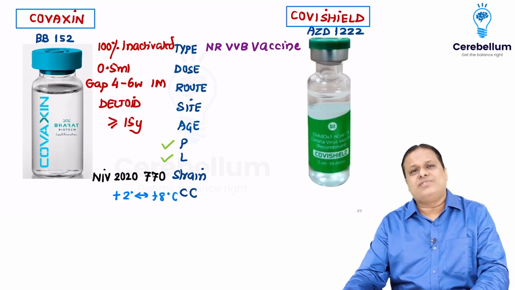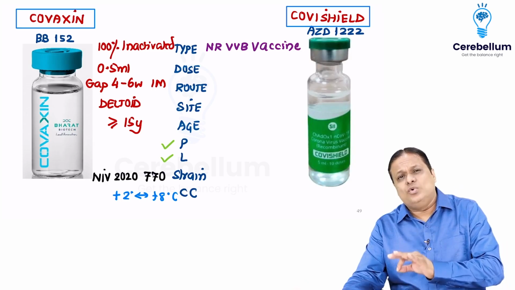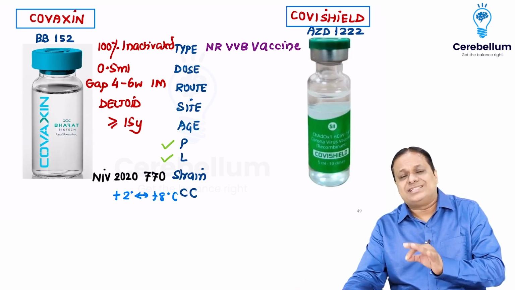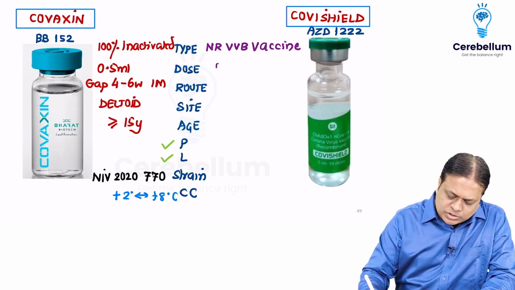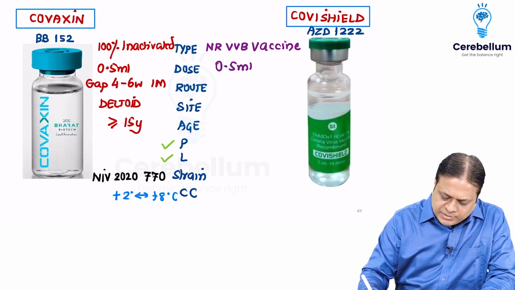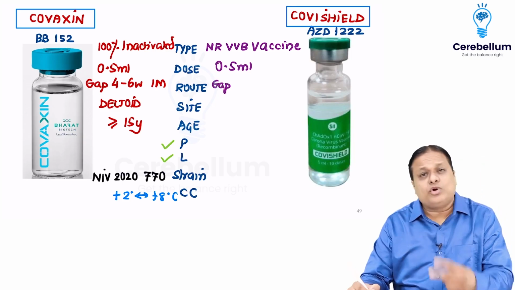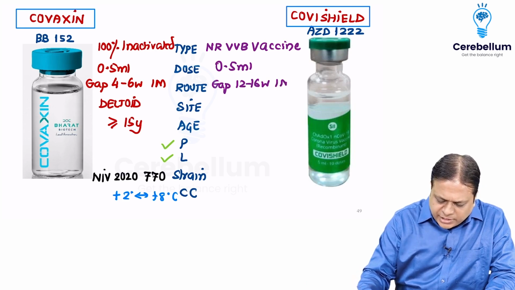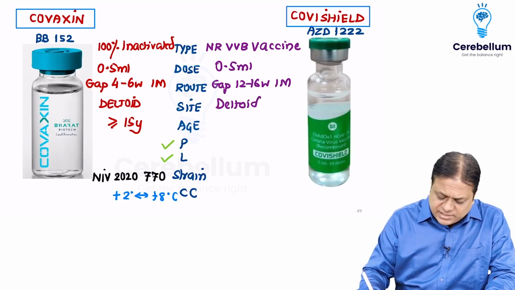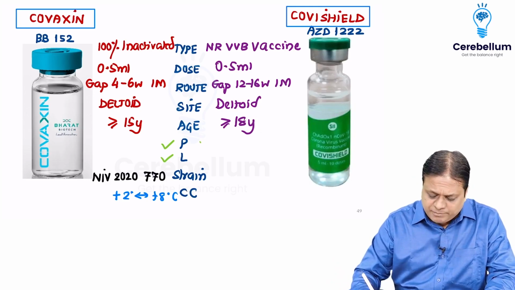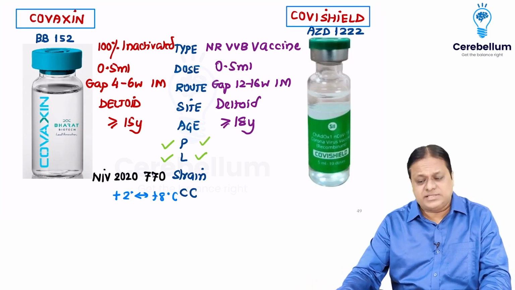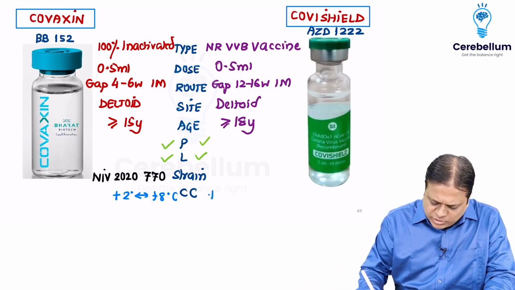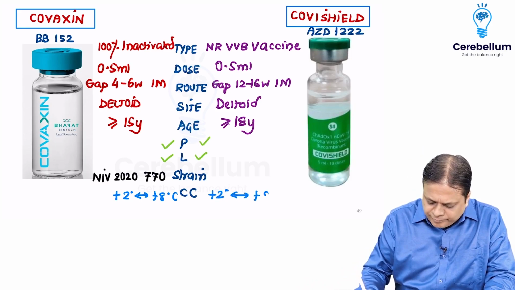Ebola was the first such vaccine in the world. This Covishield is based on the Oxford AstraZeneca vaccine. Dose 0.5 ml. The gap to be maintained for 2 doses is minimum 12 to 16 weeks. Intramuscular deltoid like Covaxin. This is recommended for age 18 years and above in the country. In pregnancy and lactation it is safe, and cold chain temperature is the same.